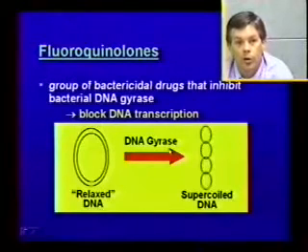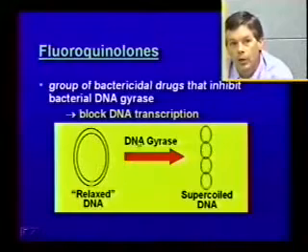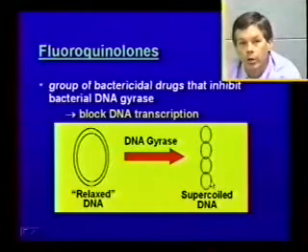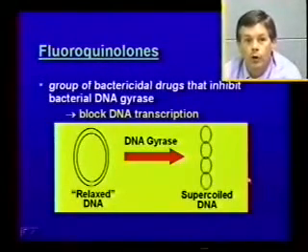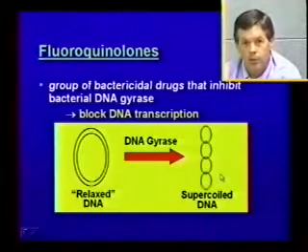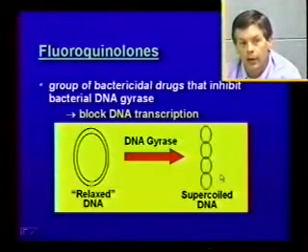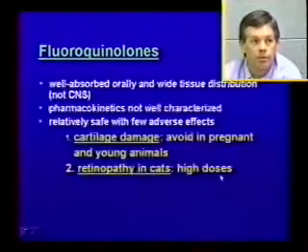All single-celled organisms require an enzyme that's known as DNA gyrase to supercoil DNA from its linear, circular form into the supercoiled form in order to be used for transcription and translation. The fluoroquinolones inhibit this enzyme, DNA gyrase, thus preventing this reaction and killing the microorganism because it's no longer able to replicate its DNA. And that's their basic mechanism of action.